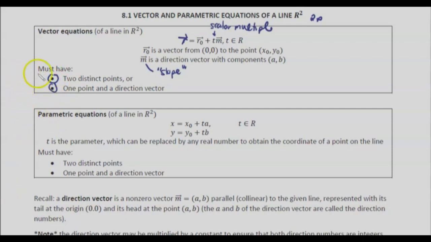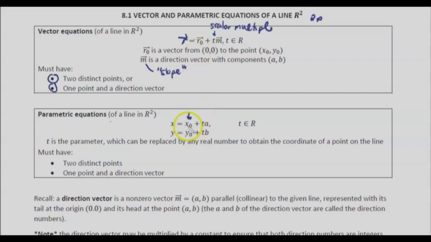Now, we're going to be toggling between vector equations and parametric equations. So the parametric equations of a line in R squared are a little bit different. It's set up as x equals some equation related to the x value, and then y equals, again, some equation related to the y value. So we have x naught and y naught, and those two values are going to be from this R naught.